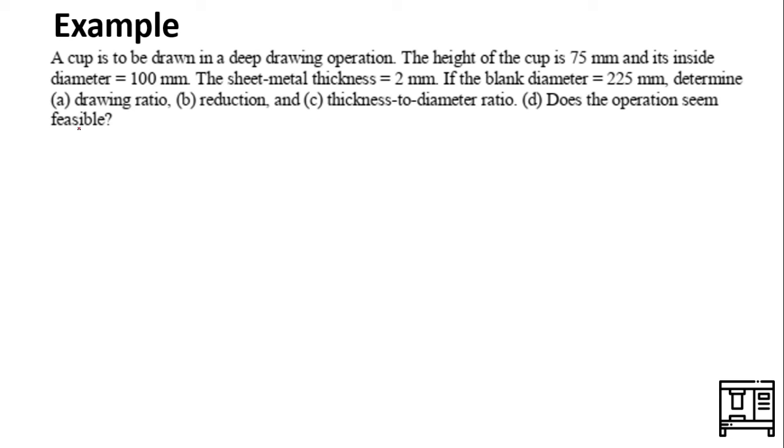So let's write down the data. The height of the cup is 75 millimeter and its inside diameter, so it means the diameter of the punch, is 100 millimeter. The sheet metal thickness, that is the stock thickness, is 2 millimeter, and the blank diameter is 225 millimeter.